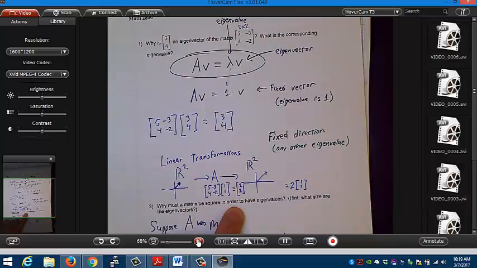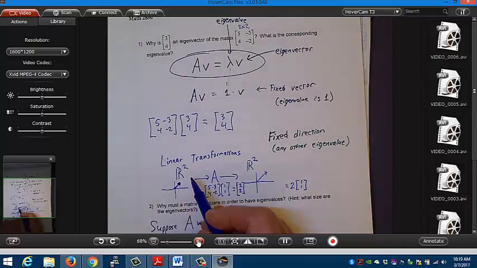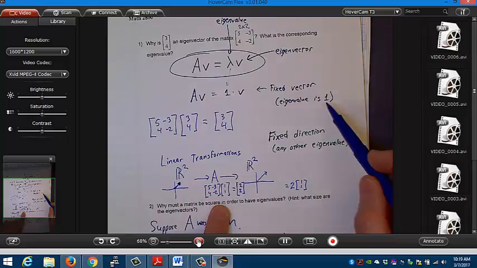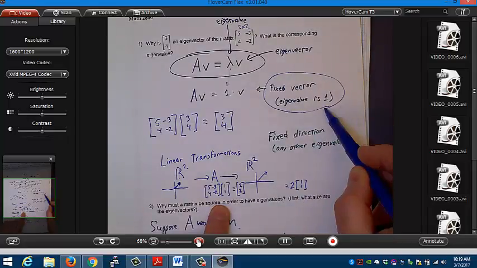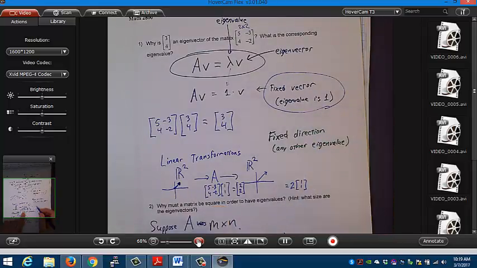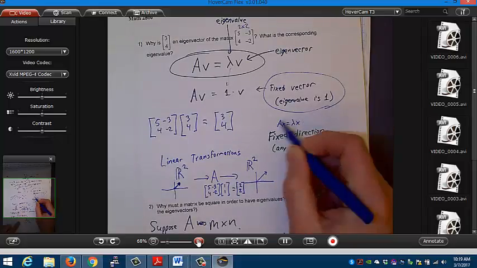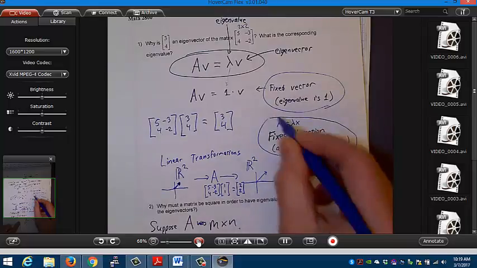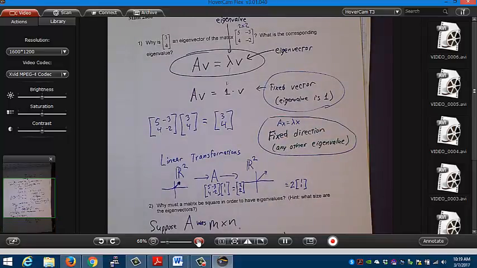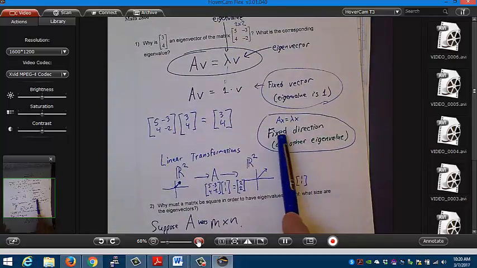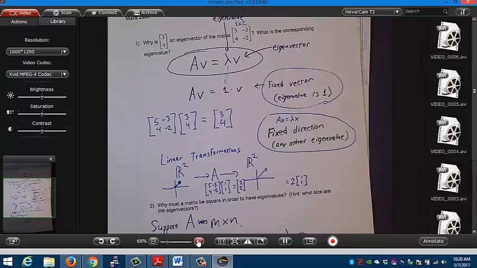Right? So it shows you that that particular vector, so just like we call it a fixed vector if Av = v, if you have Ax = λx, you might call that a fixed direction. Okay? So if you have any other eigenvalue besides 1, the eigenvector is a vector that ends up pointing in the same direction. Does that make sense to you guys?